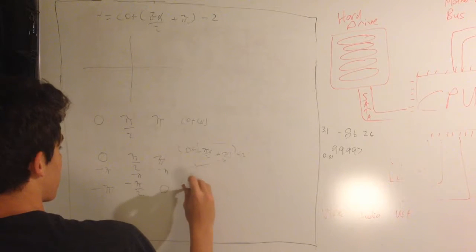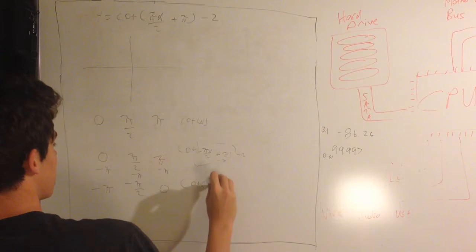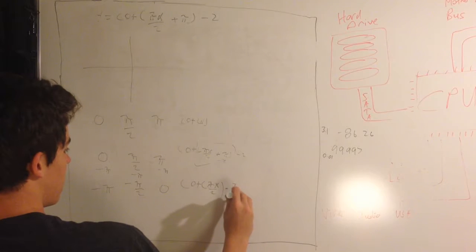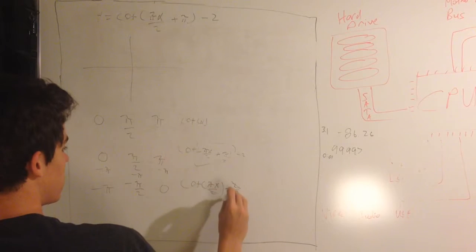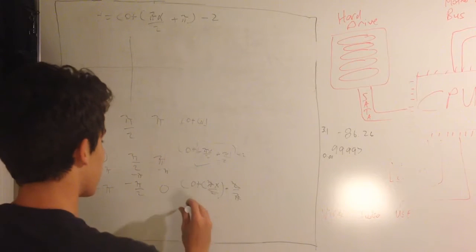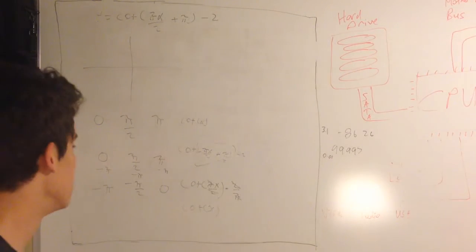And then we're left with cotangent of pi x over 2. Now if we multiply by 2 over pi, which will cancel the 2's and the pi's out, we'll remain with cotangent x, which is what we want, right?